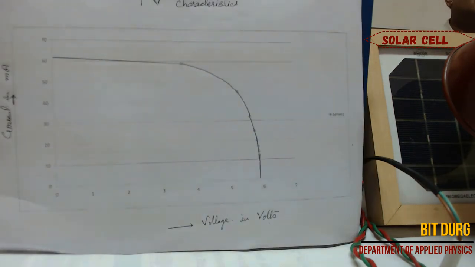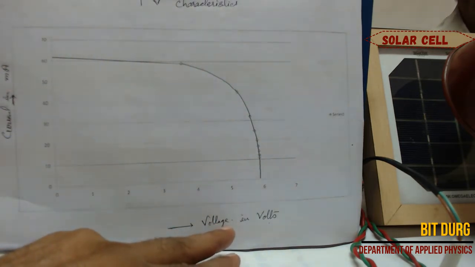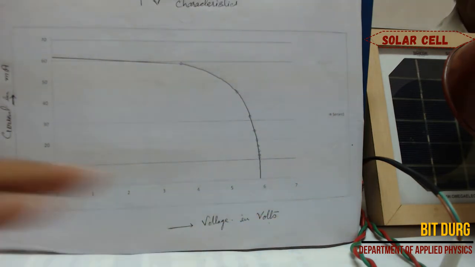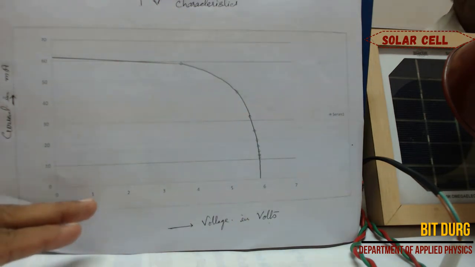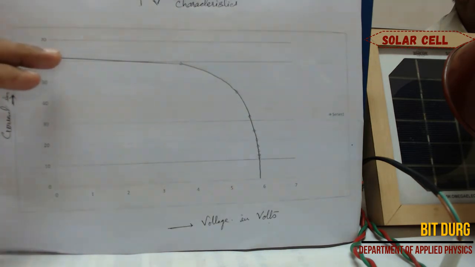Now see the second characteristics, that is the IV characteristics. When we plot the voltage across the solar cell along the x-axis because it is the independent variable, and the current flowing through the circuit on the y-axis because it is the dependent variable, what I get is this. Initially, when the load is 0, the potential is around 1 volt, and the current is very high, approximately 60.